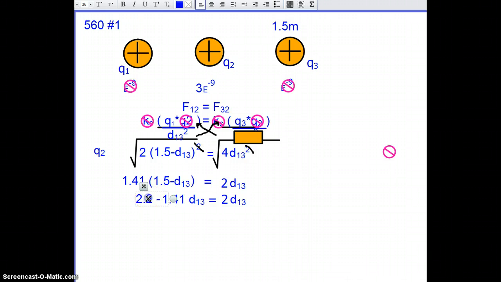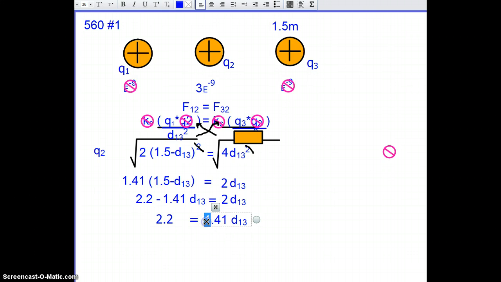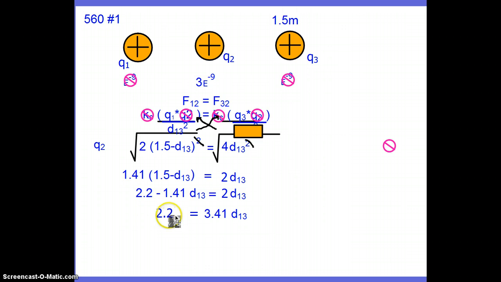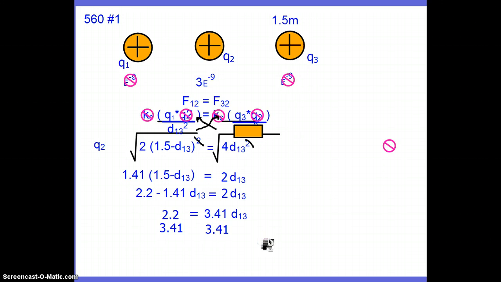So it's going to be the 2.2 equals 3.41D, and then of course we need to divide by 3.41, and survey says if you were to divide 2.2 divided by 3.41 equals, the question is, what do you get?